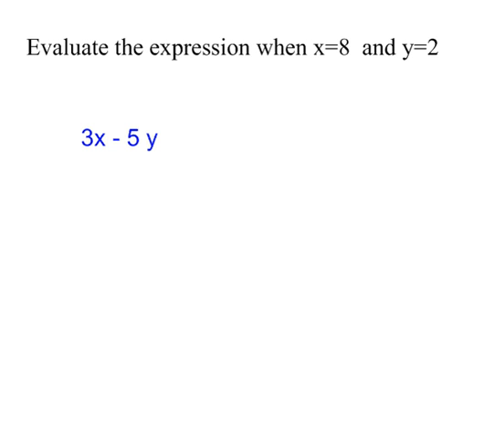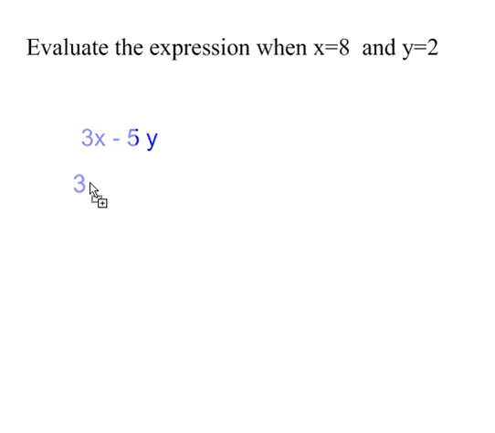All right. The next problem that we have is to evaluate the expression when x is equal to 8 and y is equal to 2. And then we have this variable expression, 3x minus 5y. So 3x means 3 times x, and x is 8.